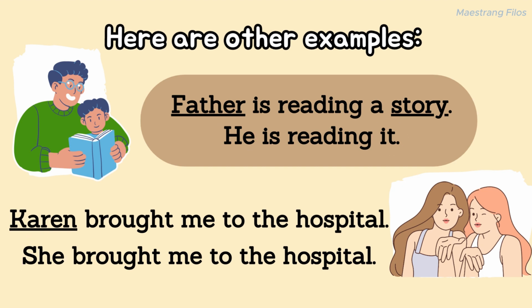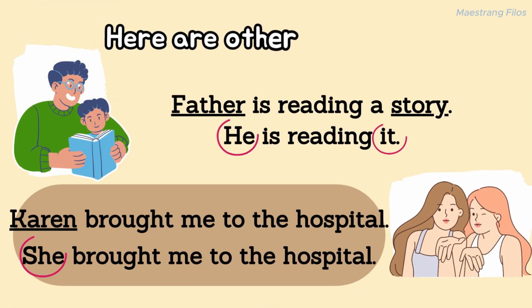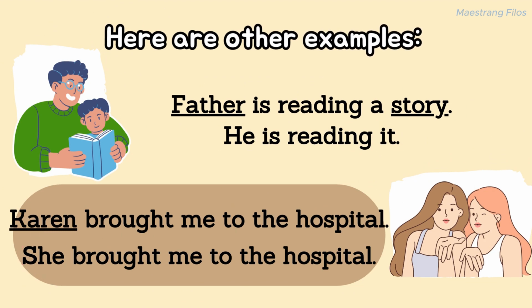Therefore, our new sentence will be, he is reading it. Second sentence. Karen brought me to the hospital. The underlined word is Karen. Karen can be replaced with the pronoun she. Therefore, our new sentence will be, she brought me to the hospital.